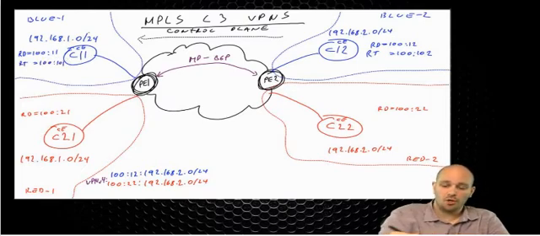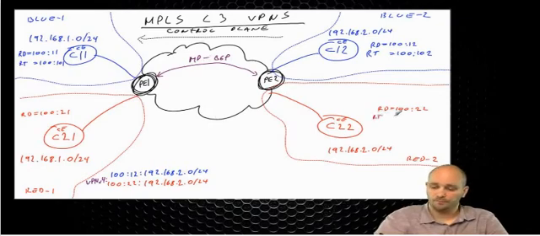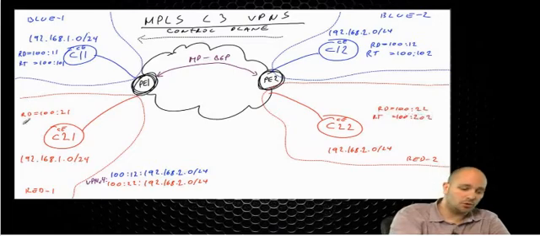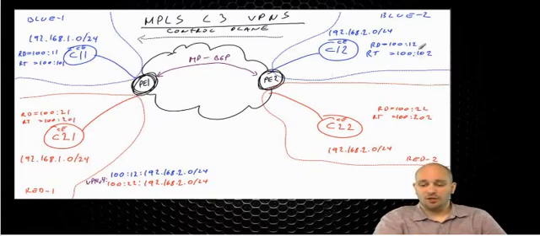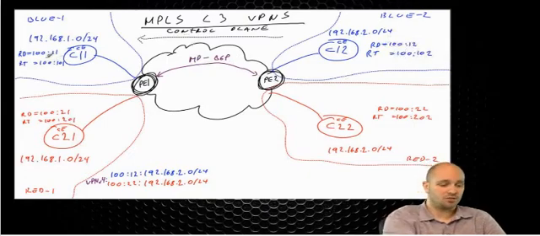And here we are going to use route target 100.202. And here we are going to use route target 100.201. Now, as we can see here, the route target here does not match the route distinguisher here. Also, the route target here does not match the route target here, nor the route distinguisher.